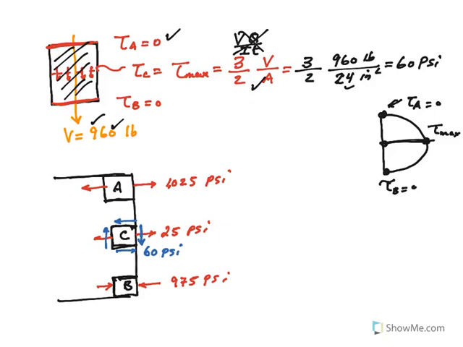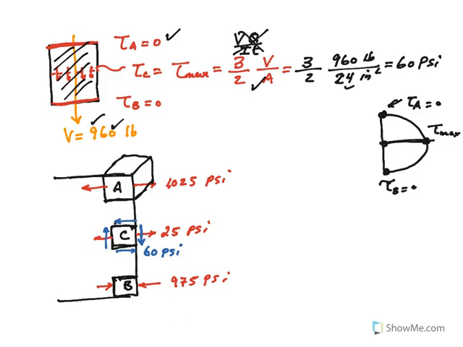So the last thing I want to show you is a stress element for each point. So this stress element will show us what stresses are acting. You could think of it as a two-dimensional or a three-dimensional cube, by the way, it doesn't matter.